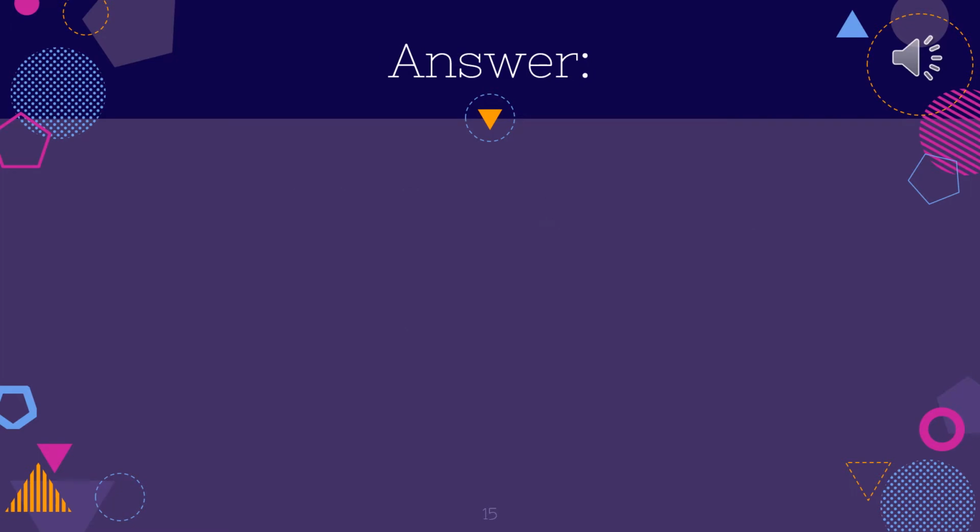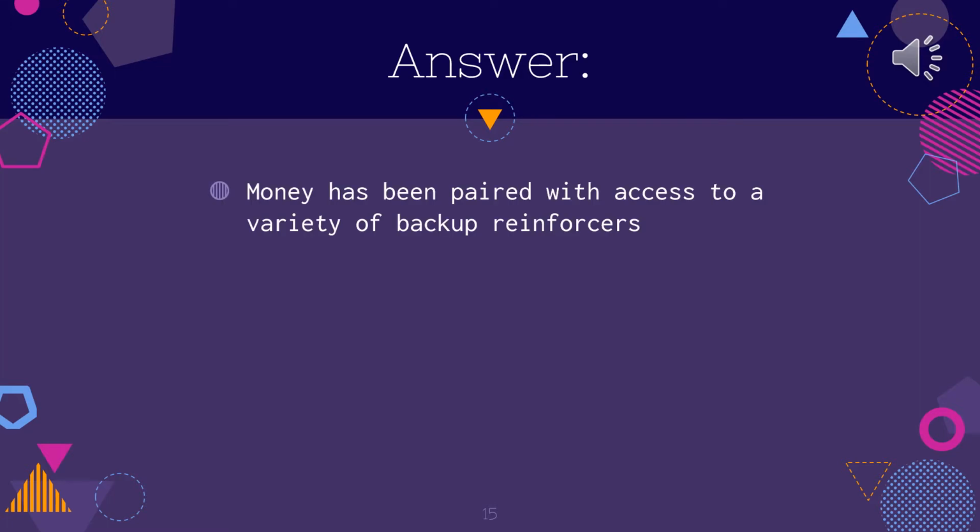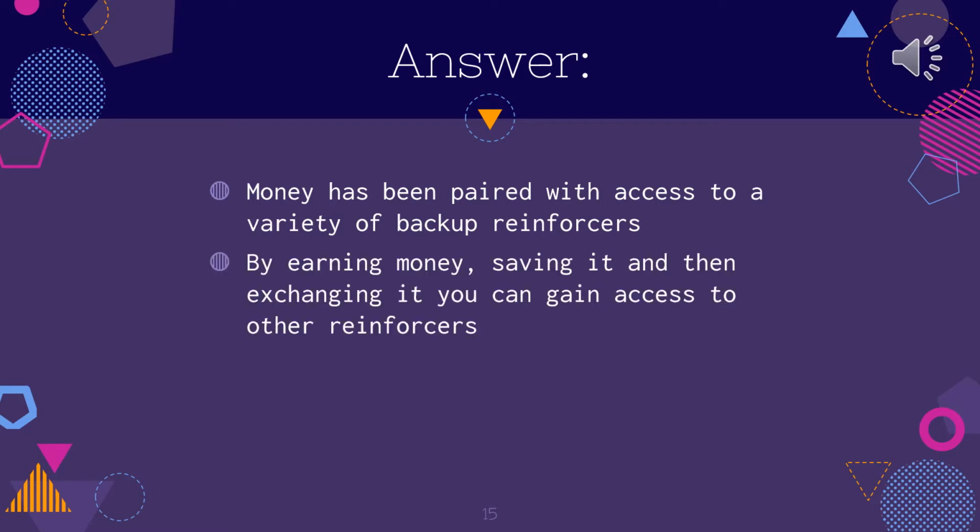The answer to the previous question, how is money an example of a generalized reinforcer, is that money has been paired with access to a variety of backup reinforcers. By earning money, saving it, and then exchanging it, you can gain access to these other reinforcers.